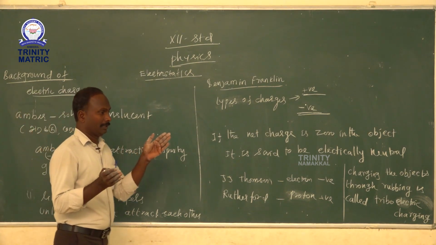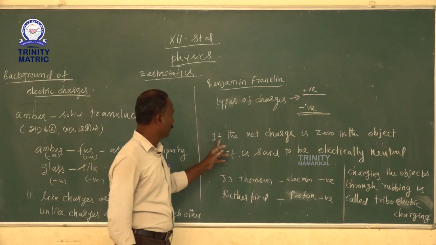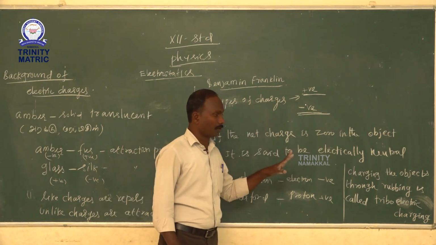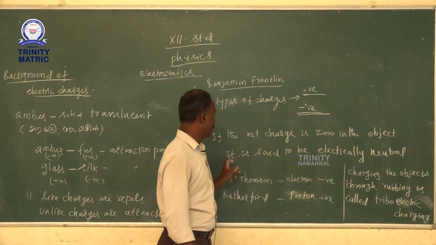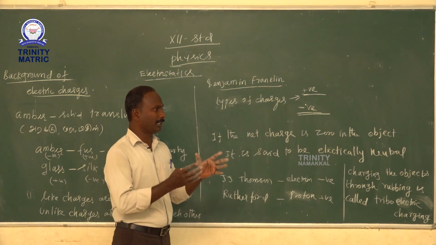So the net charge is zero, and the object is said to be electrically neutral.